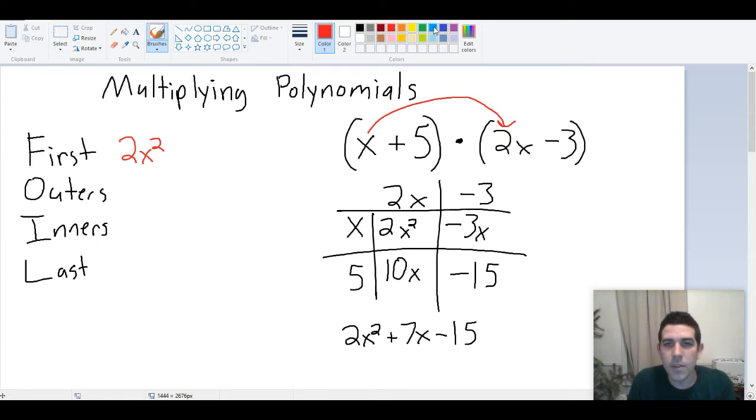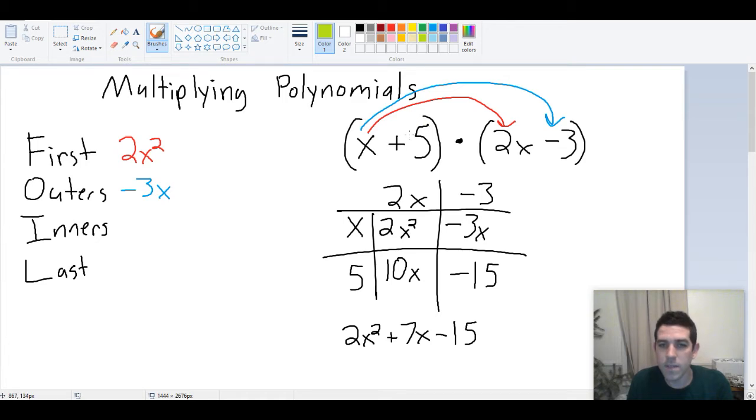Then I will do the outers. Outers means the outer terms of each of these polynomials. The x is the outer term here, and the negative 3 is the outer term out here. So let's do x times negative 3. That's going to give me negative 3x. Then I'll do the inners. That means the inner terms multiplied by each other.